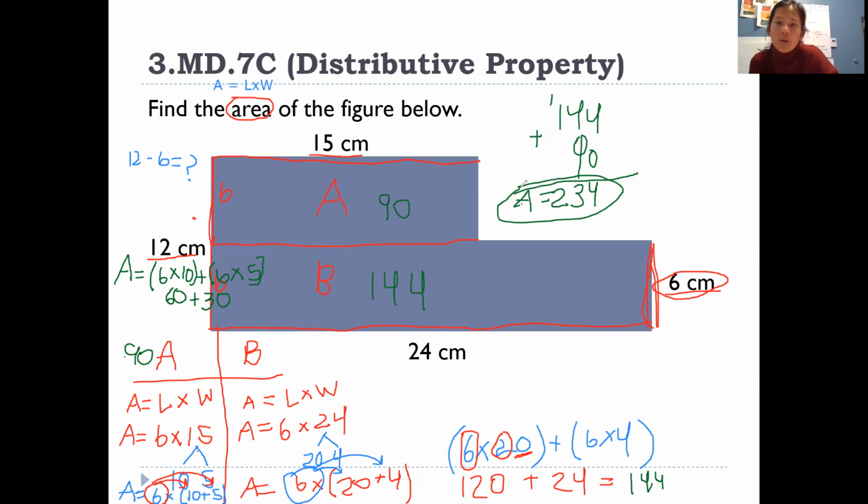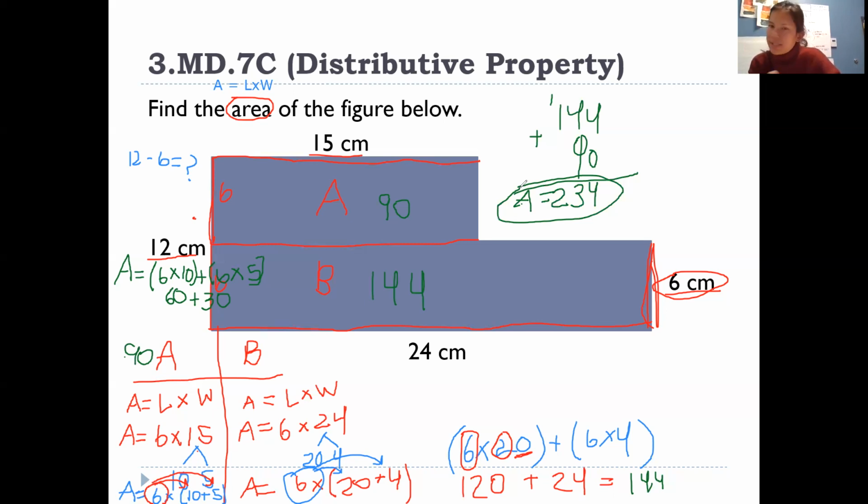Okay, so just to recap, we were introduced to an irregular figure. We broke apart our irregular figure into smaller rectangles and squares. We want to make sure we're breaking them into the least number of rectangles as possible. So I was able to break it up just into 2, which is great. I worked to identify the dimensions of each smaller shape. So the dimensions of A, I had to solve for that length, right, by using other dimensions in the shape. And the width was given to me.